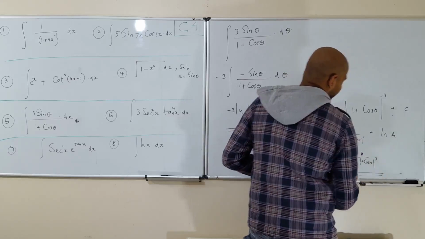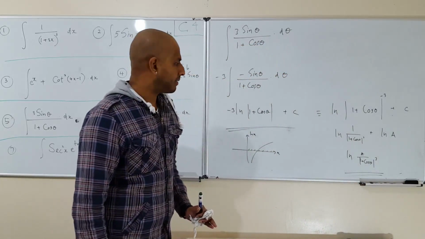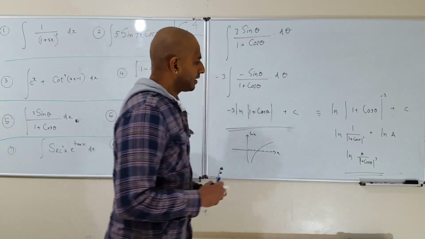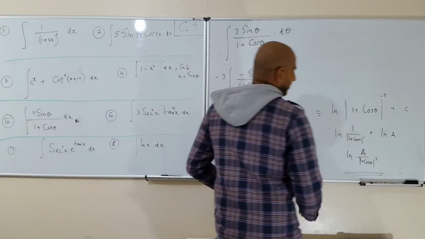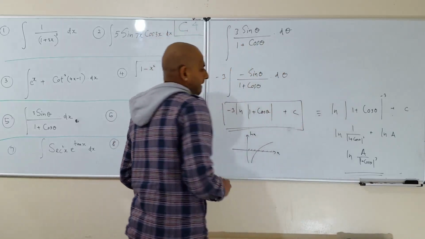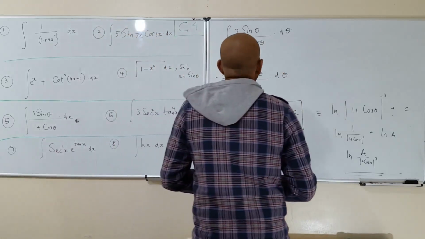That's it. It's not necessary, but sometimes they can ask you to write it like that. But this is good enough. At least you can do that bit. Right, so that's basically it.